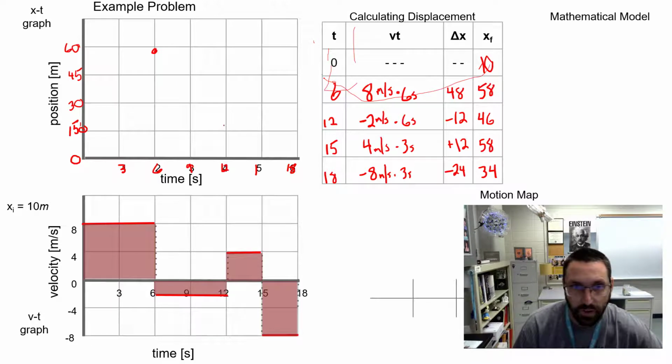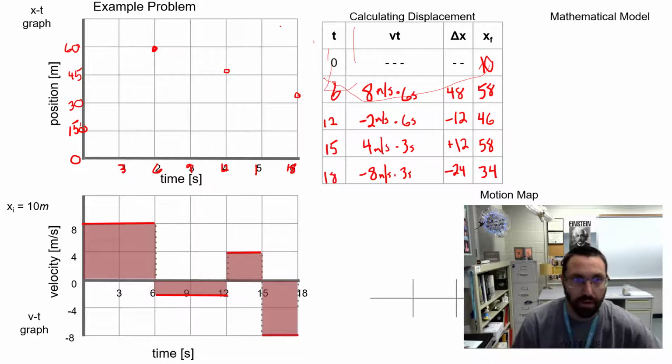And then the next 6 seconds, we went back down to 46, so just above the 45. I can put a dot there. And then the next section, we went forward back up to 58. And in the last section, we go down to 34.